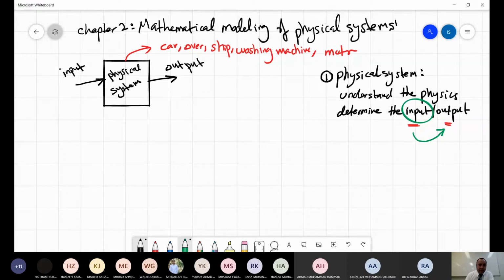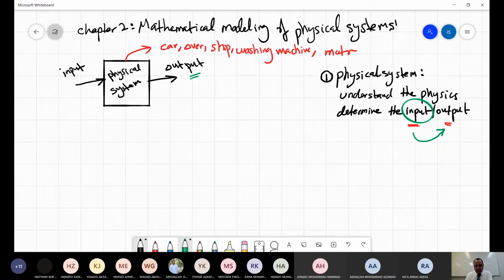And in general, the output is something we are interested in to achieve a desired performance. So this is the first thing in the modeling. I must understand the physics and I must determine the input and the output.